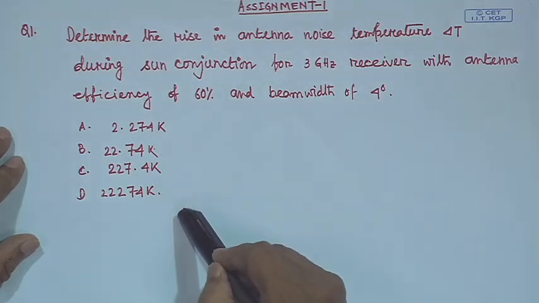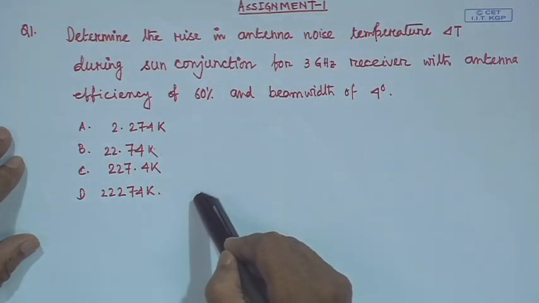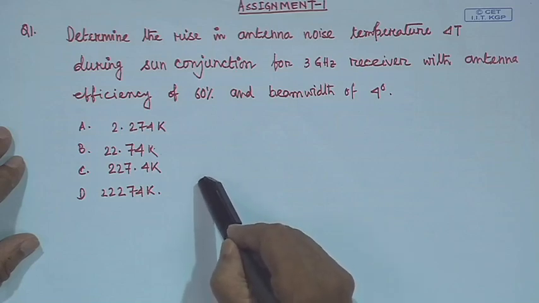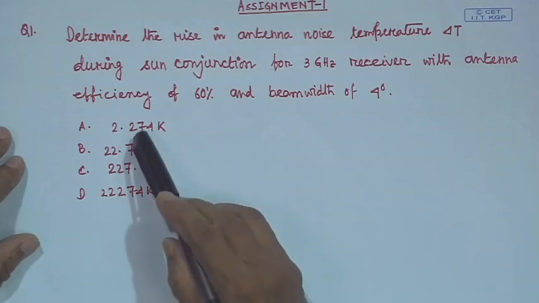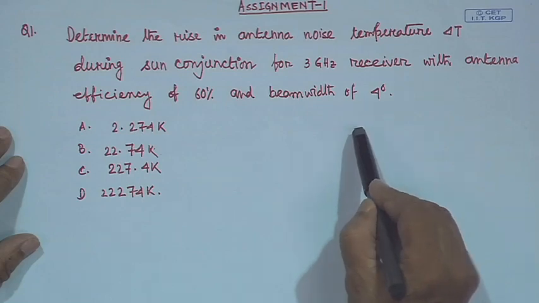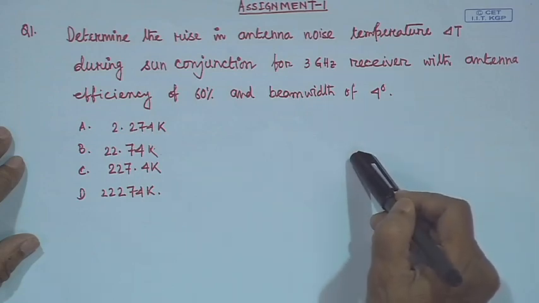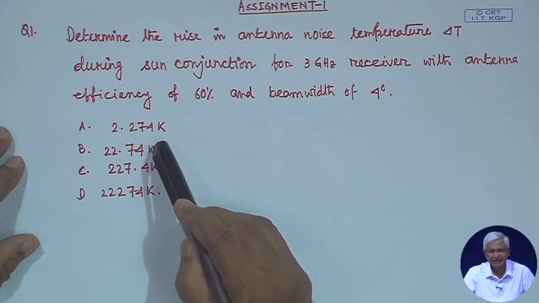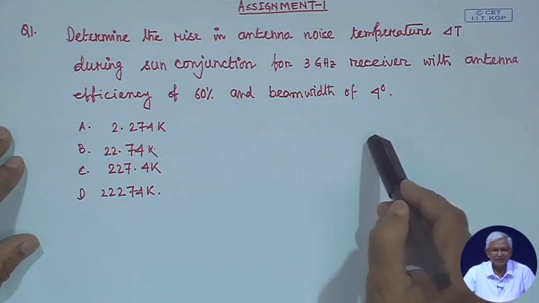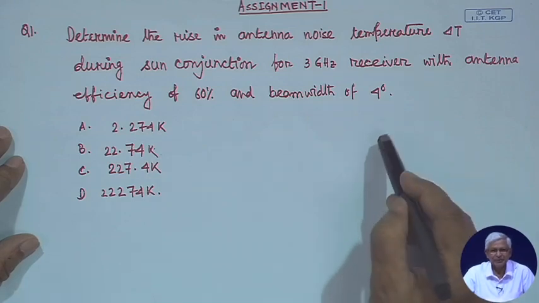Also, remember that in most of these questions, the options given and what you calculate may not be exactly the same. Some people take the value of pi as 3.14.